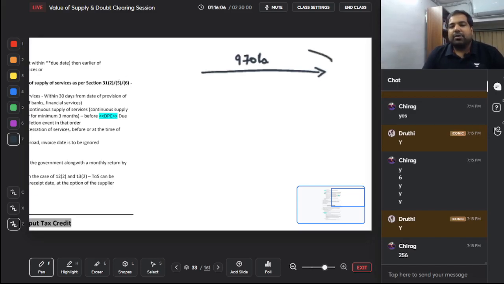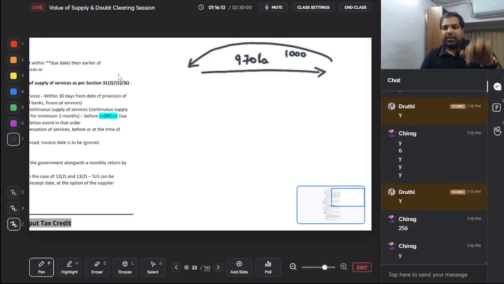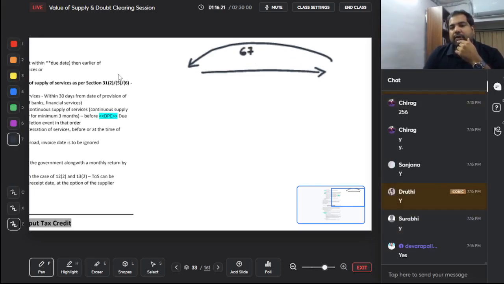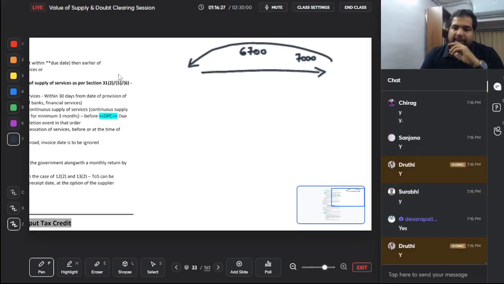Can you sometimes pay him slightly extra? Can you pay him a round figure of 1000 rupees and say, listen, we'll adjust it next time? Let's say the amount was 6700 rupees. Can you pay a round figure of 7000, and say we'll adjust the 300 next time?